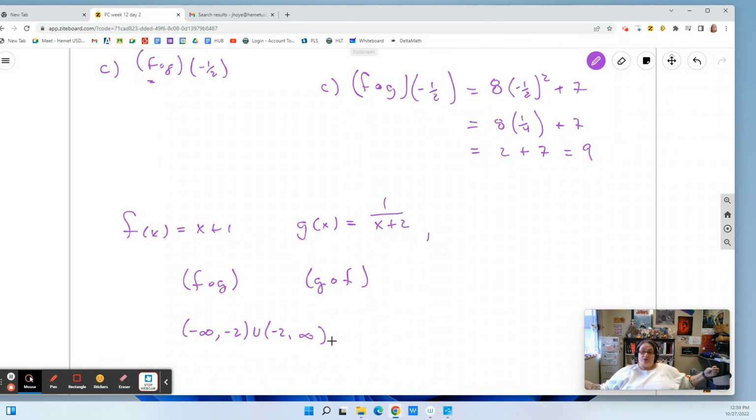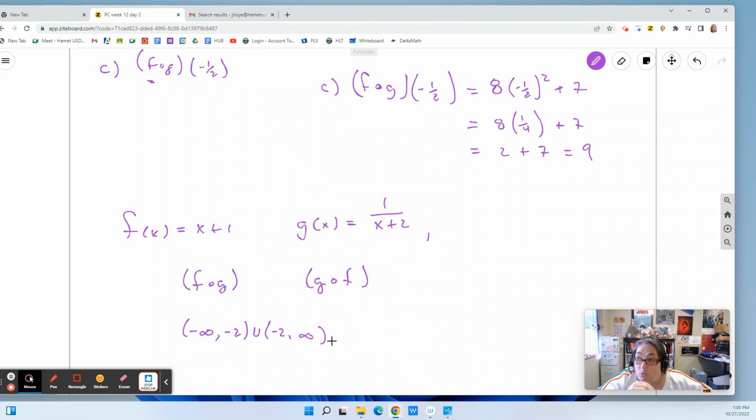And I know it seems like a long-winded way of saying it, but I'm pretty sure WebAssign isn't going to allow you to put it in as writing all real numbers except for negative 2. You're going to have to know your interval notation to be able to plug that in. So just remember, parentheses mean we're not including it. Brackets mean we are.